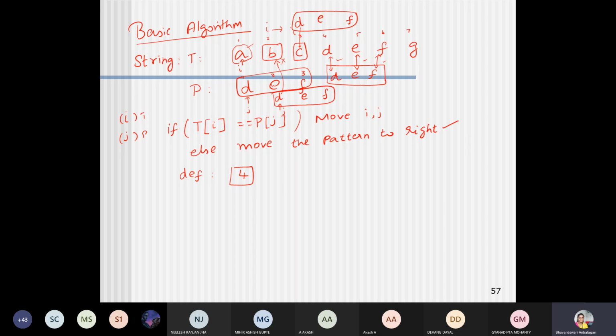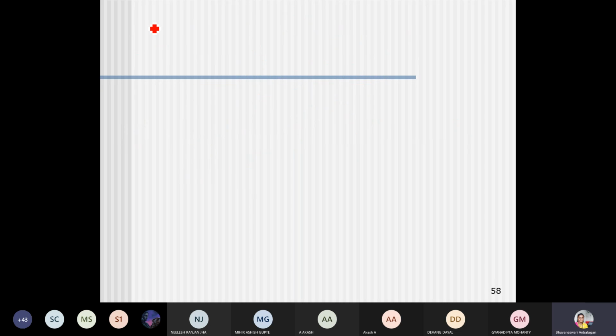Now I will tell you some of the worst cases where this brute force algorithm will fail. I'll take another example. The text is going to be A, B, C, D, A, B, C, and then A, B, C, D, F. I have a text like this.